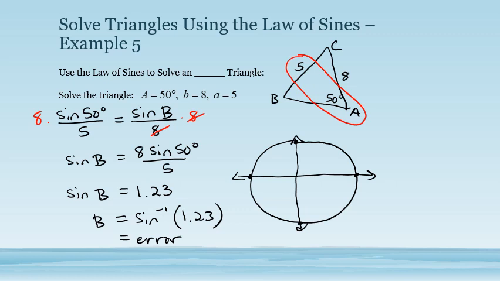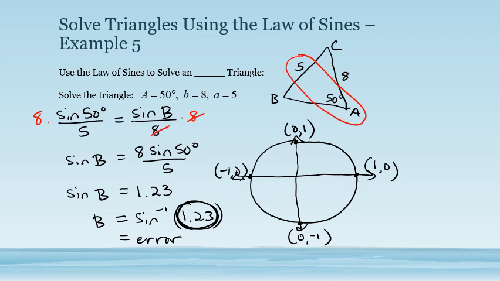And even when we graphed them, right, the graph was always between 1 and -1. So although I can put in any angle that I want, I am never going to have an output larger than 1 or smaller than -1. So expecting for me to have an angle that produces an output of 1.23 is simply not possible.